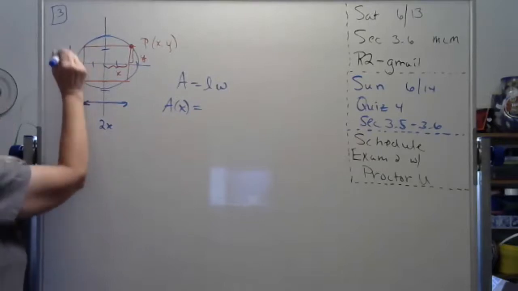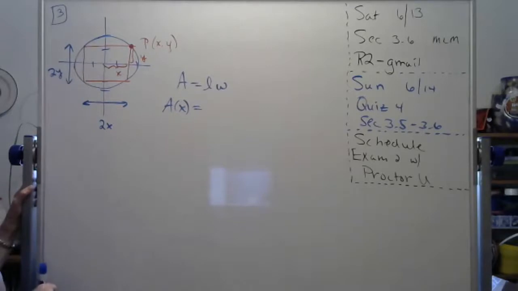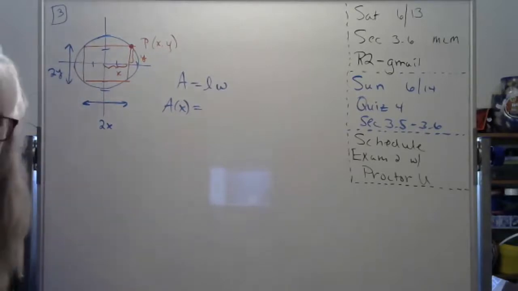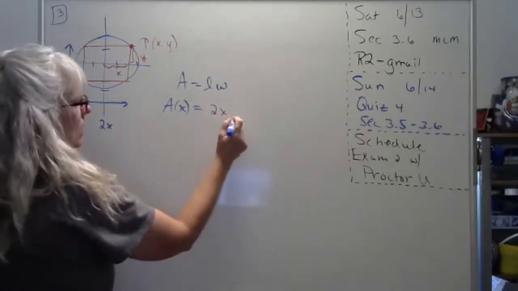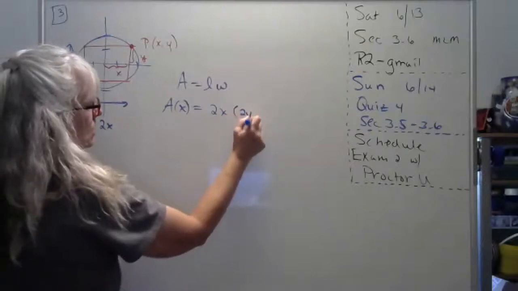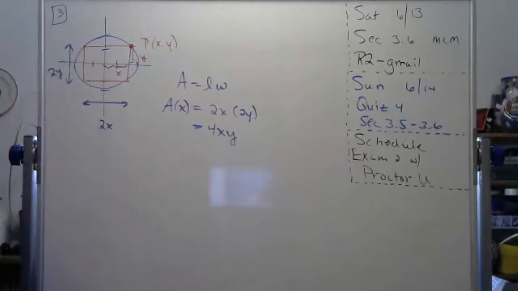And to get this total distance over here, it would also be 2y. Does that make sense? You're doubling them because this time we're going all the way across. So our length is going to get replaced with 2x, our width is going to get replaced with 2y, and we end up with 4xy as the total area.